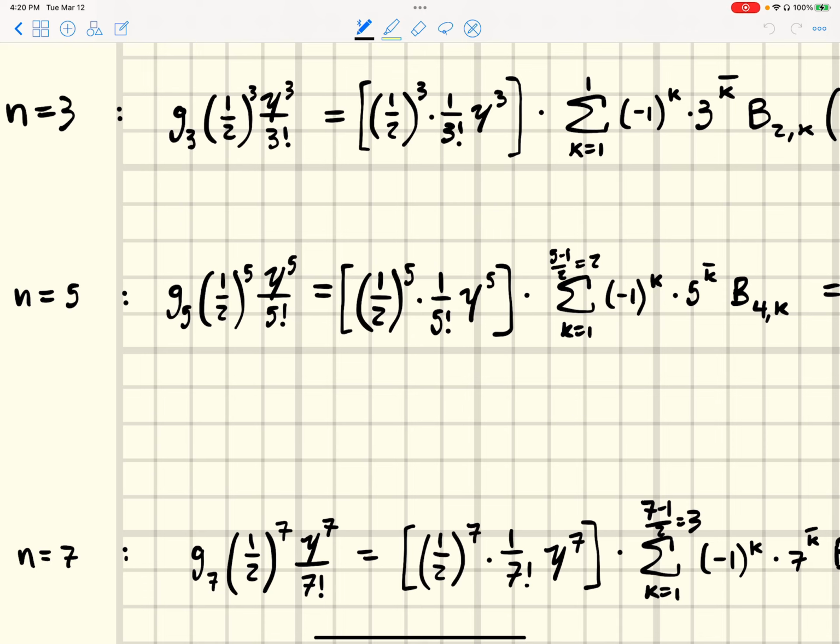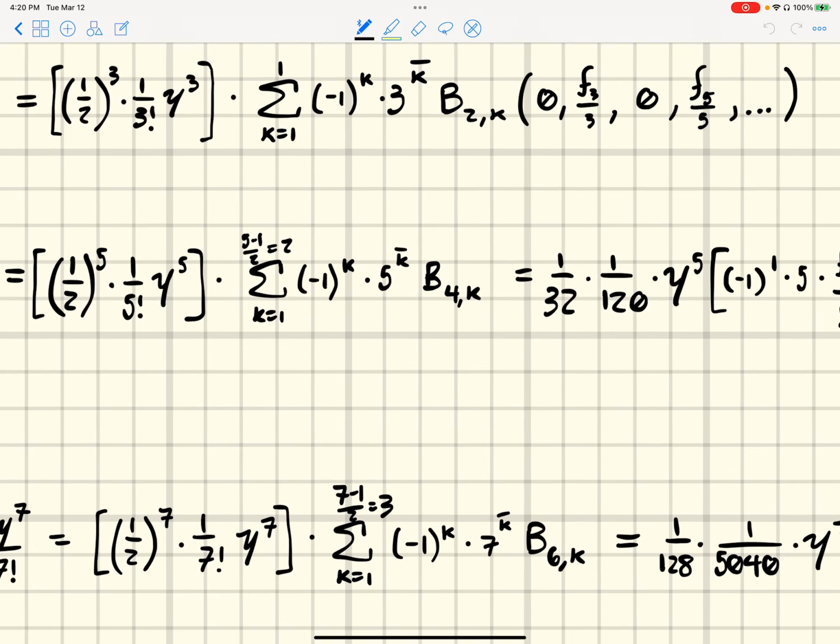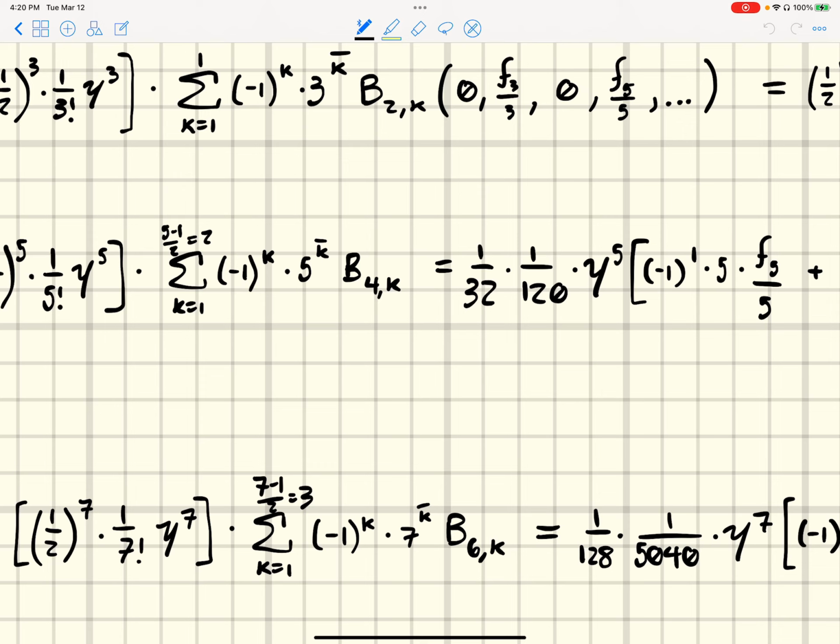The work is really in calculating this g sub 5 term. If you take 5 minus 1 divided by 2, that gives you 2, which means your sum runs from k equals 1 to k equals 2, so your partial Bell polynomials are B sub 4,1 and B sub 4,2.